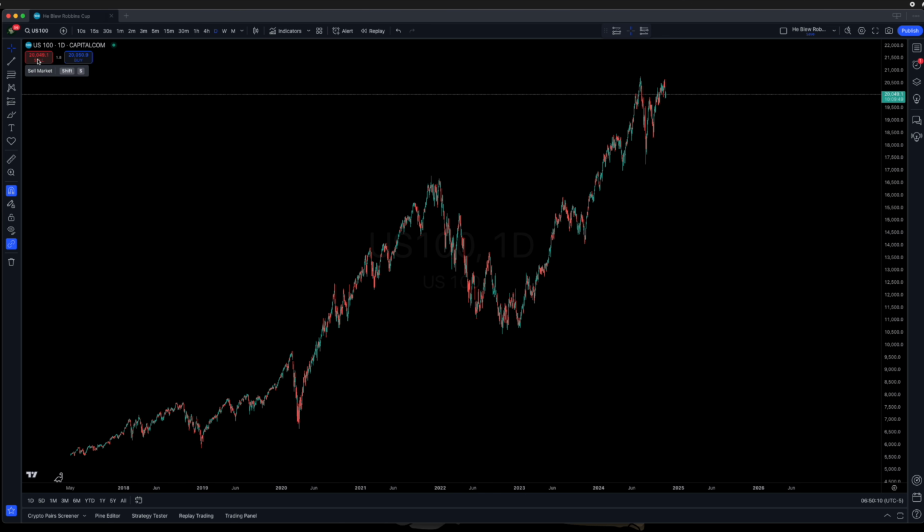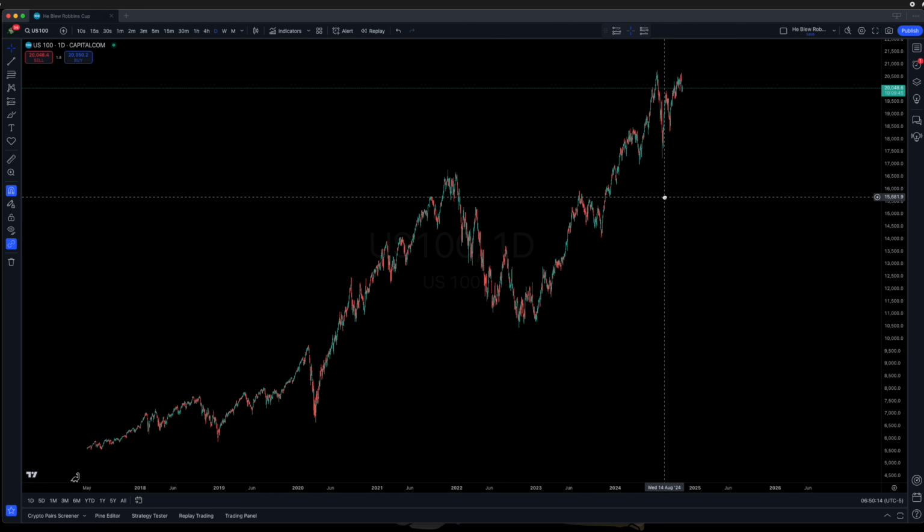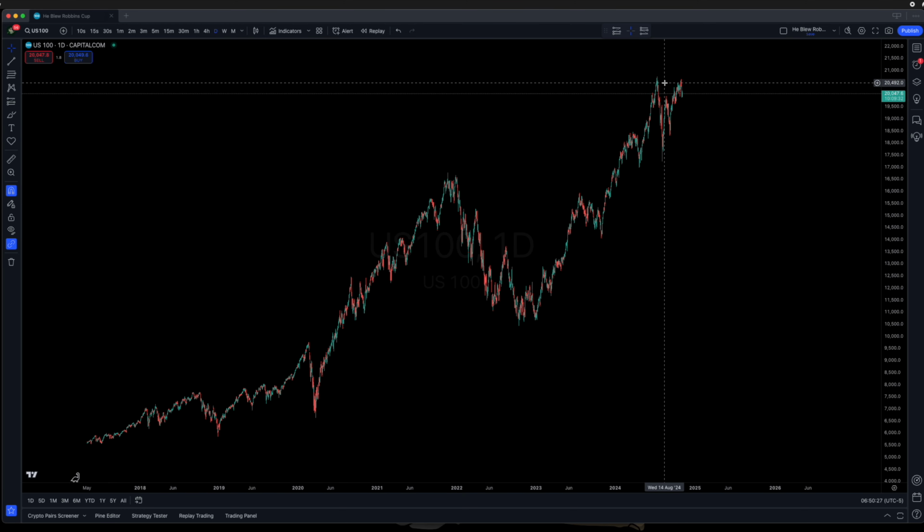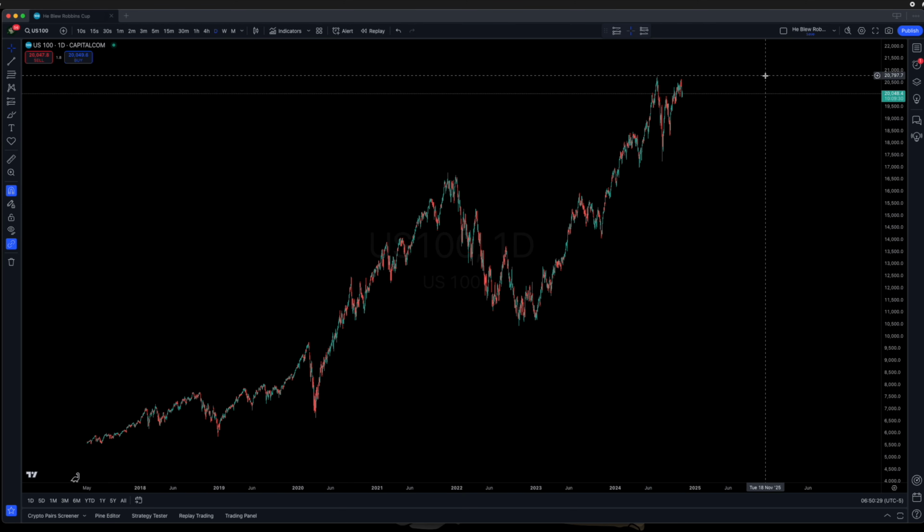So this is the US 100, which is essentially the NASDAQ. And as you know, all electronic markets in the US are priced using the Goldbach algorithm. So let's have a look at this price action. You'll see that the high of NASDAQ, the all-time high, is 20,782.